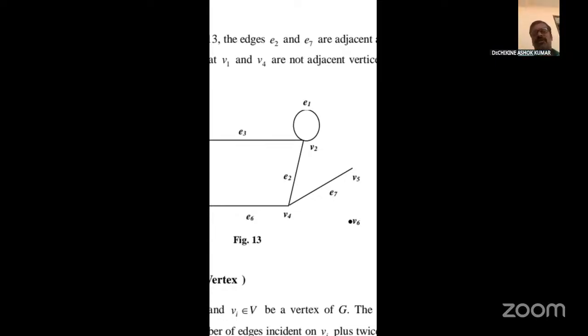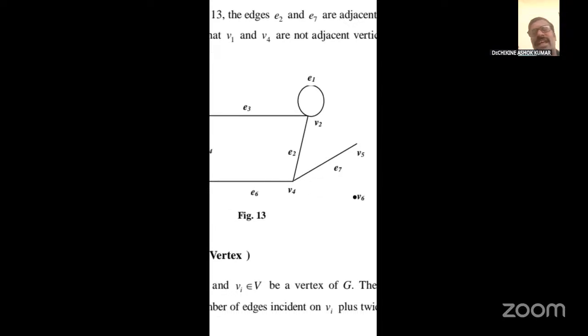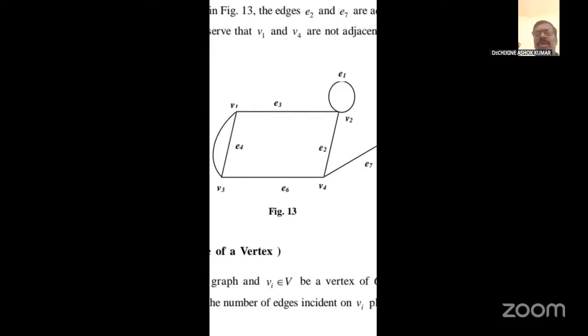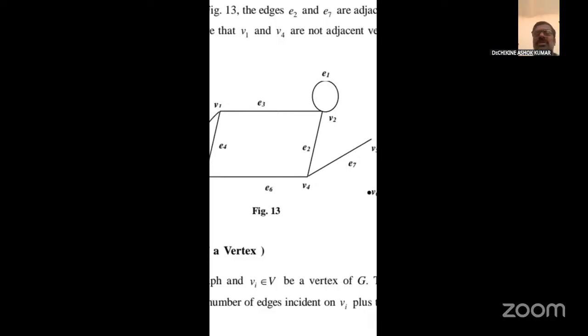So if you count the number of degrees for V2, how many degrees are there? V2 to V4, we have one edge, that is E2. V2 to V1, we have one edge, that is E3. And V2 to V2 itself, we have an edge, but since it is a cycle, we have to count it two times.